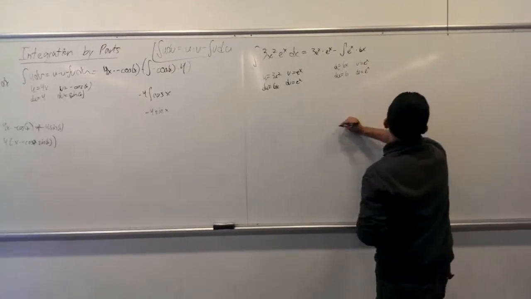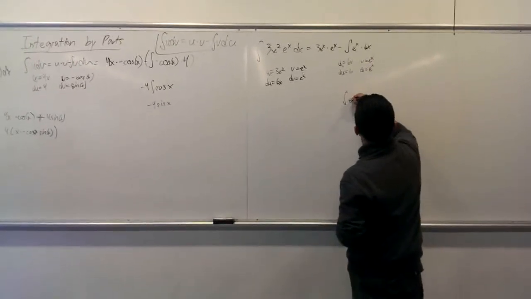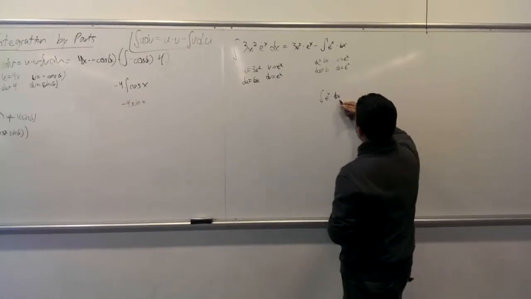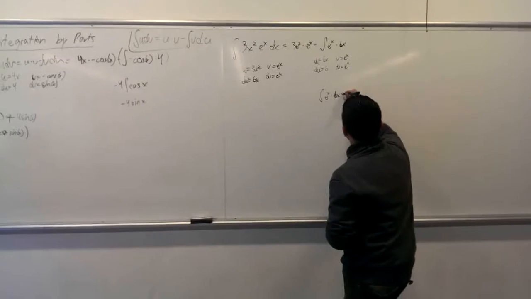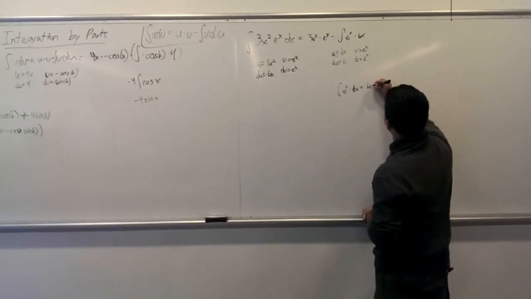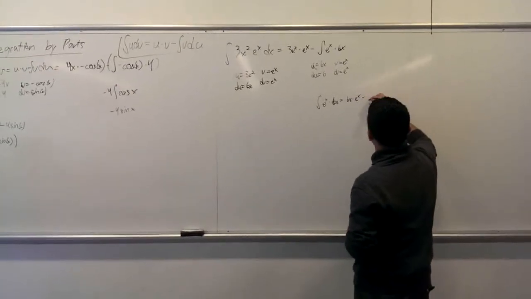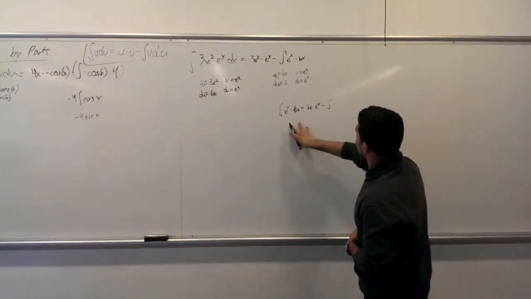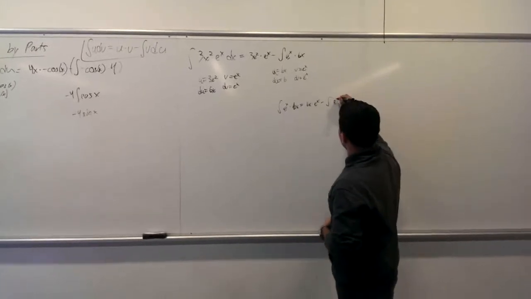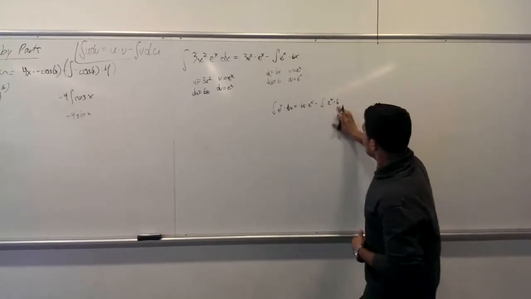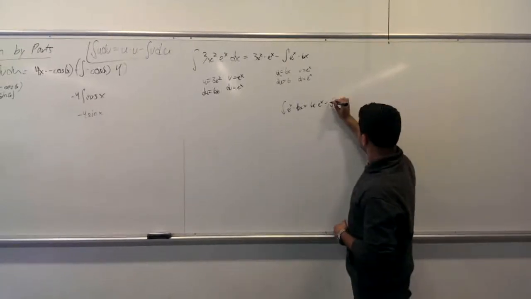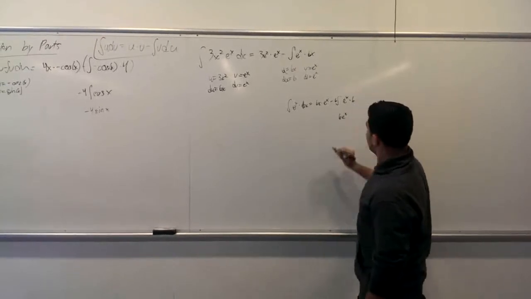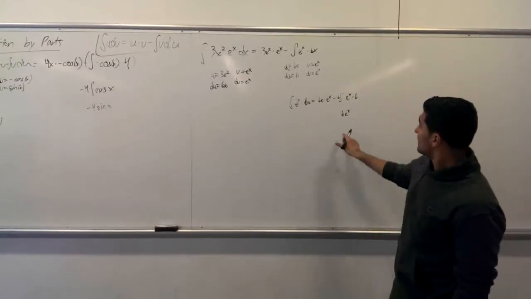So taking this problem by itself, this would equal 6x times e^x minus the integral of e^x times 6. Here, you can simply take the 6 out as a constant, and all you're really going to get is 6e to the x.